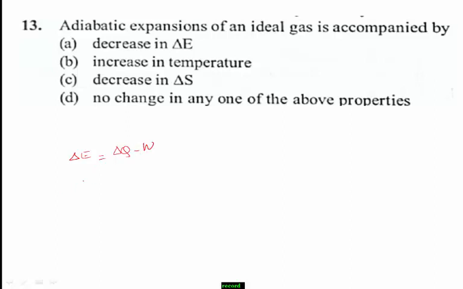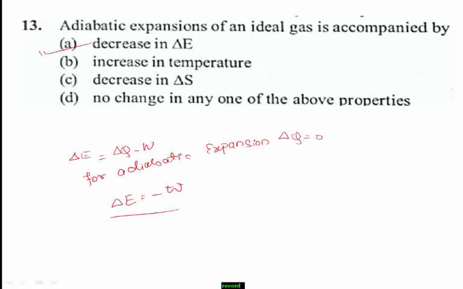For adiabatic expansion, the change in heat is equal to 0. Therefore delta E becomes negative work done. The negative sign shows a decrease in the internal energy, which is equal to the work done on the system by the surroundings. Therefore, option A is the right answer.